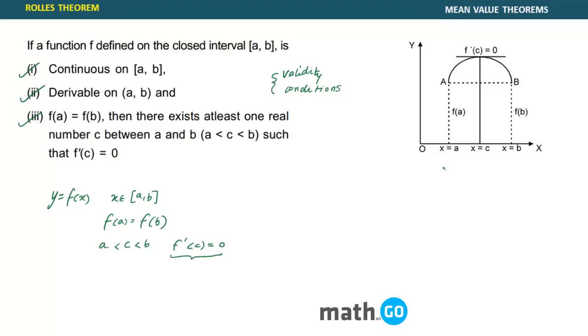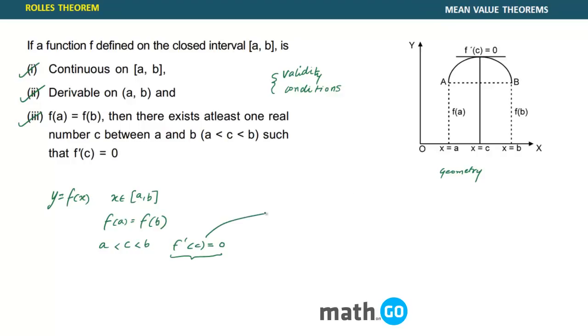Now if I want to convert this into a geometrical concept, by geometry, this is a smooth curve, so it is continuous as well as derivable, and f(a) is shown to be equal to f(b). So the values at a and b are equal, and that is why they lie on a horizontal line. So I would definitely get a value of x which lies between a and b, such that if I draw a tangent at this particular point, this tangent will be parallel to the x-axis.